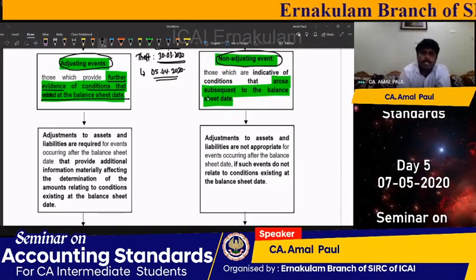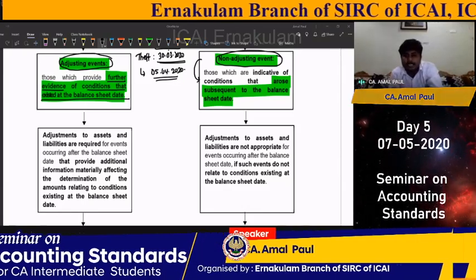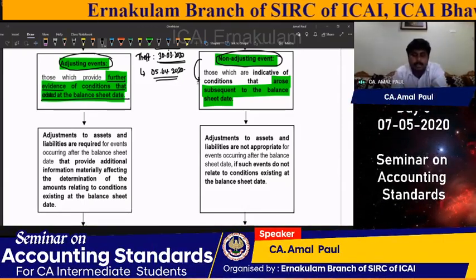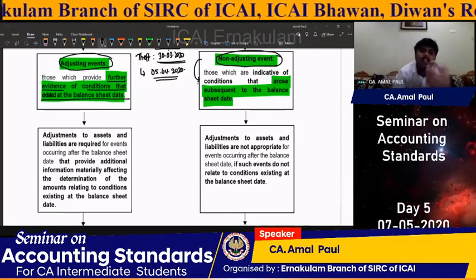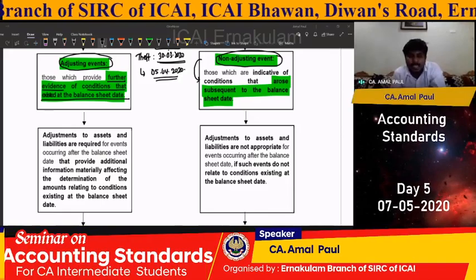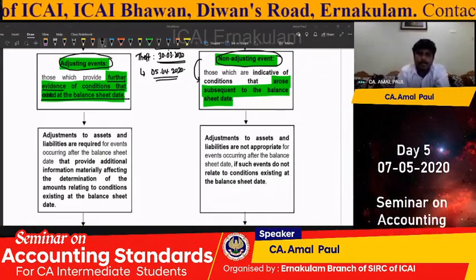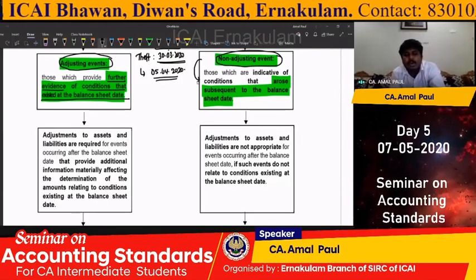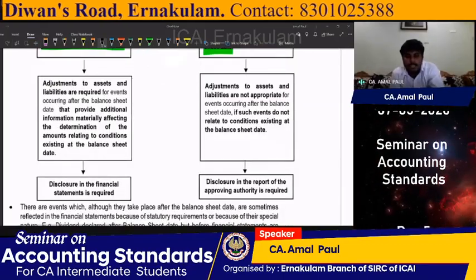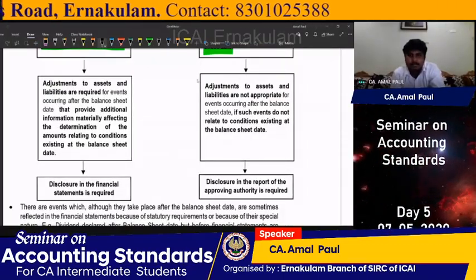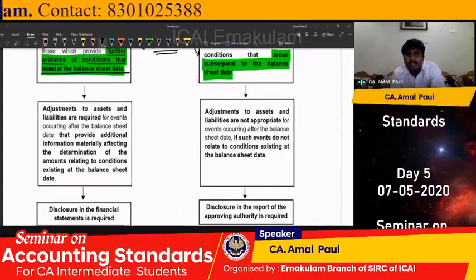When it comes to non-adjusting event, we will not adjust those items. We will only provide disclosure if it is a material item by considering its special nature, legal requirements, etc. Otherwise, disclosure will only be made in the approving authority's report, that is board of directors report. So this is the case when it comes to adjusting event and non-adjusting event.